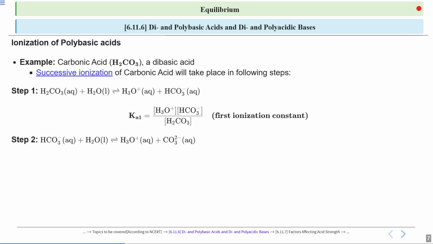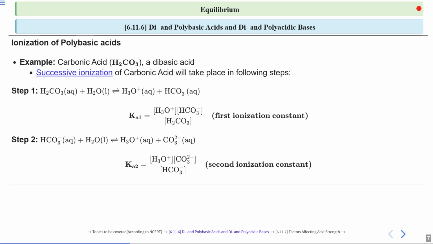We can again represent this whole situation of step 2 with the help of an ionization constant. We will name it the second ionization constant, Ka2, and that will be equal to the H3O+ concentration multiplied by the CO3 2- concentration divided by the HCO3- concentration. See how we have removed two protons in a successive manner. And in addition to that, we also have two different ionization constants.